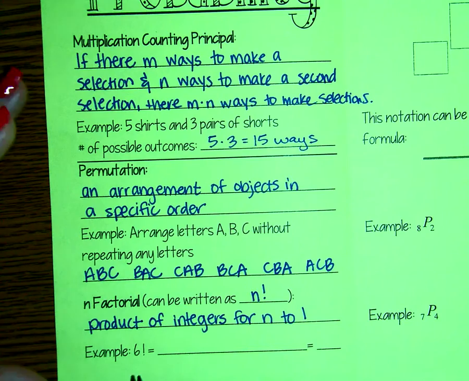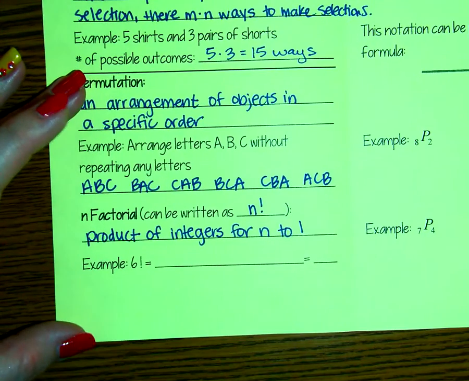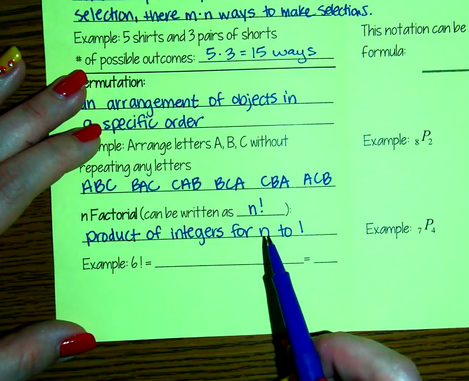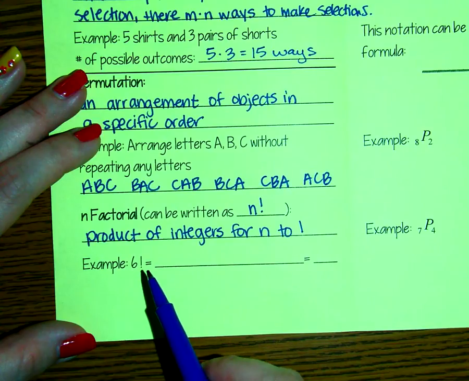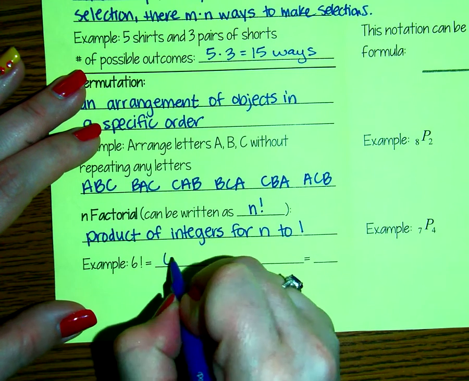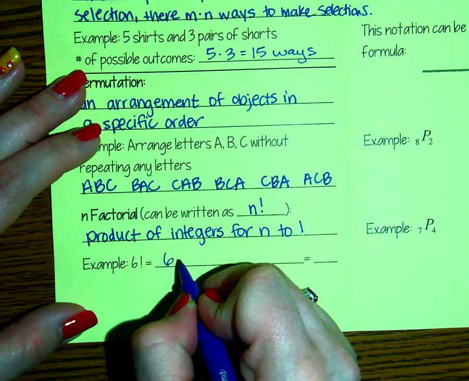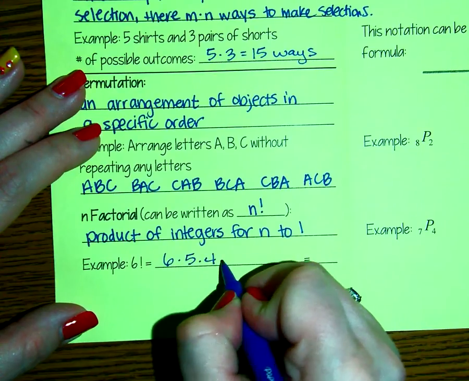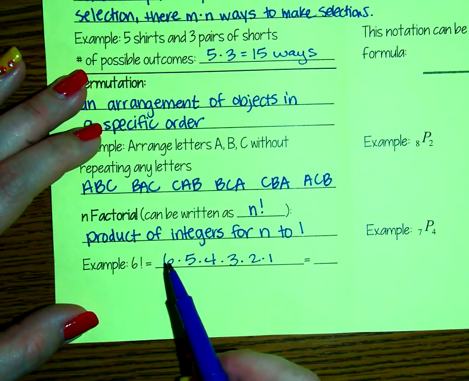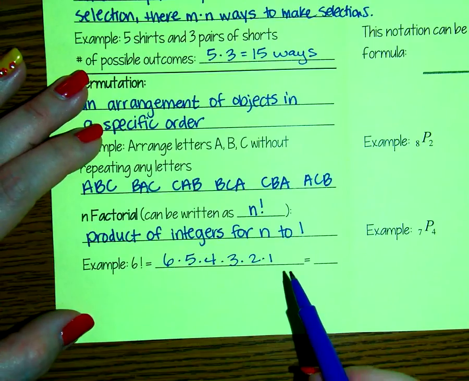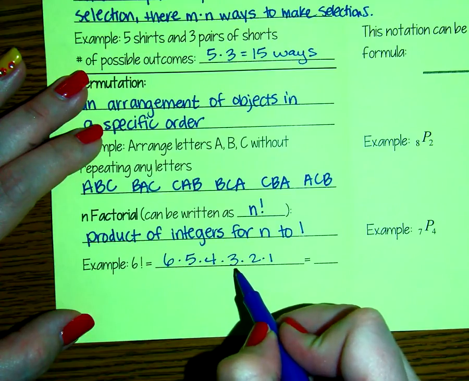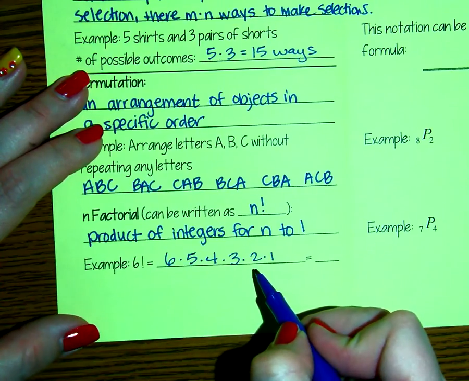For example, I have 6 factorial. That means I'm going to multiply all the numbers between n, which in this case is 6, and 1 together: 6, 5, 4, 3, 2, and 1. 6 times 5 is 30. 30 times 4 is 120. 120 times 3 is 360. 360 times 2 is 720.